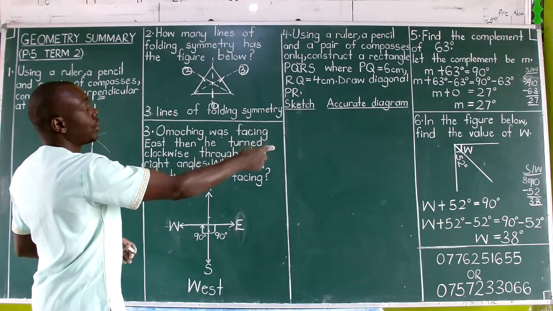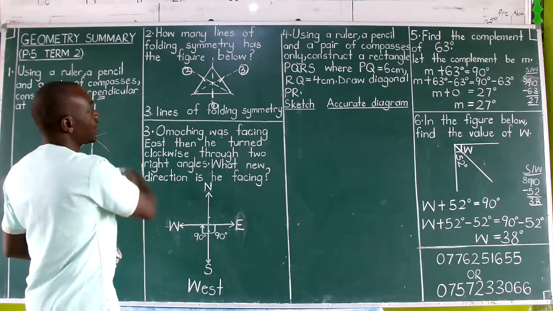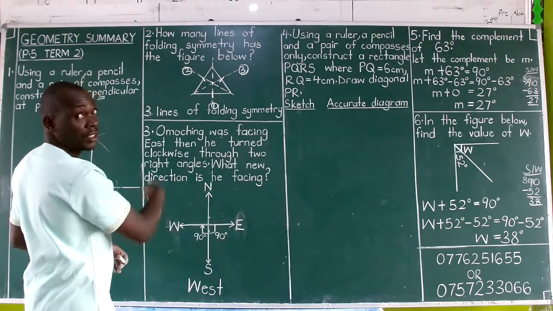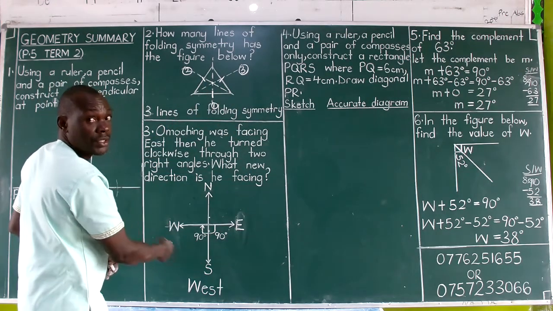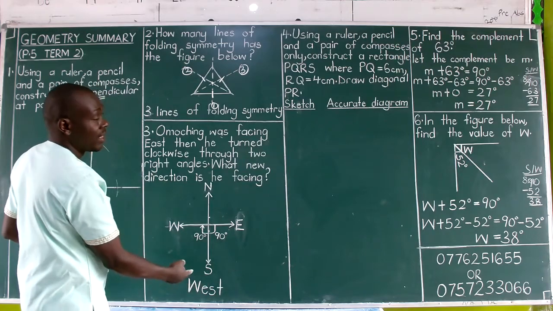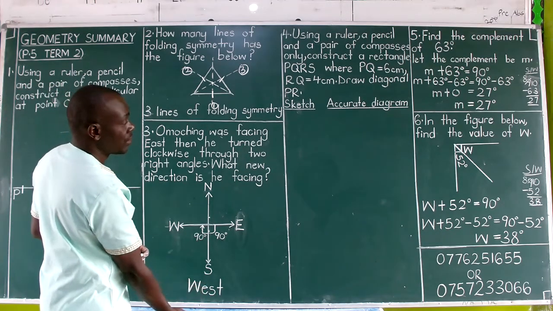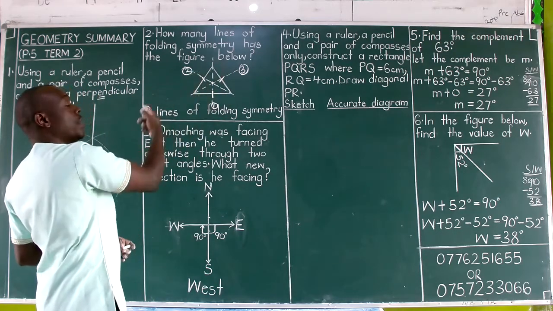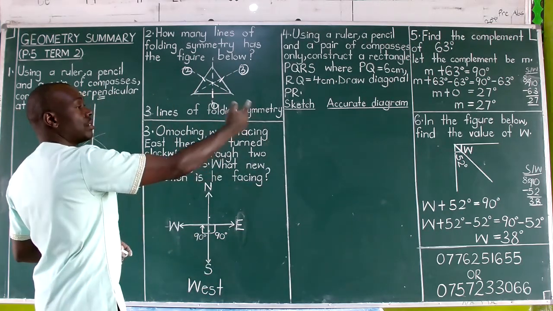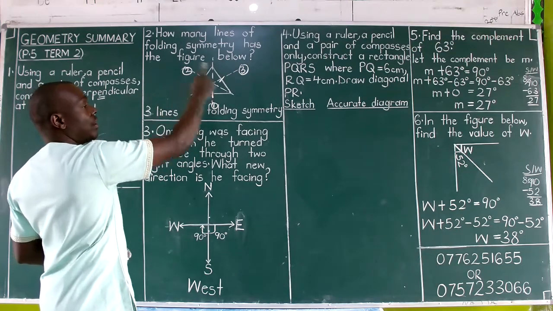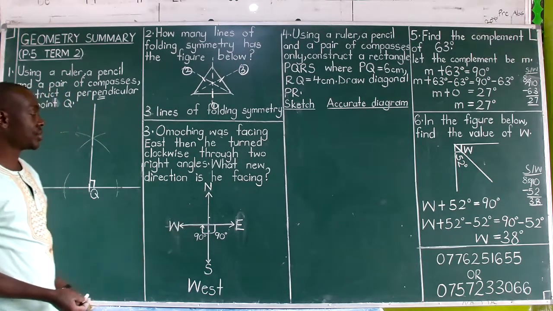Look at whatever clock you have. It moves in this direction. That's clockwise. Then anti-clockwise opposes the movement of the clock. This is anti-clockwise. This is clockwise. So you draw the compass direction.